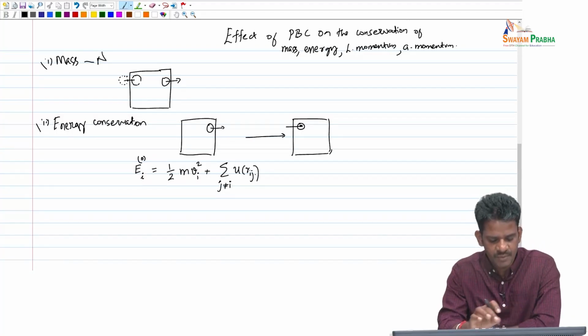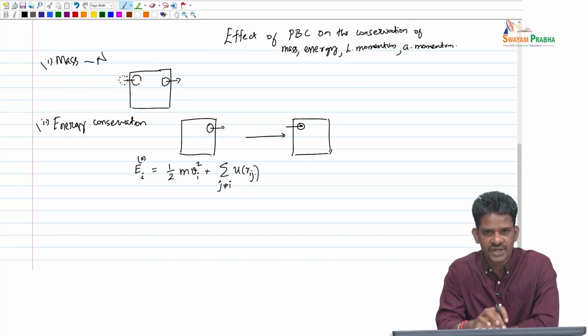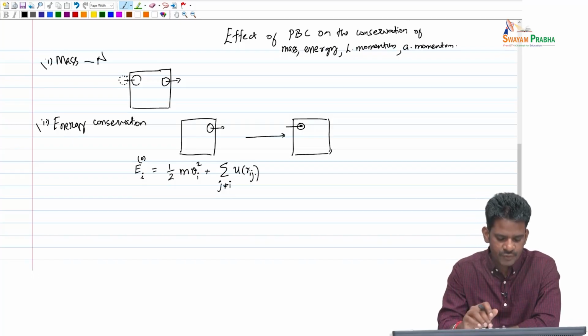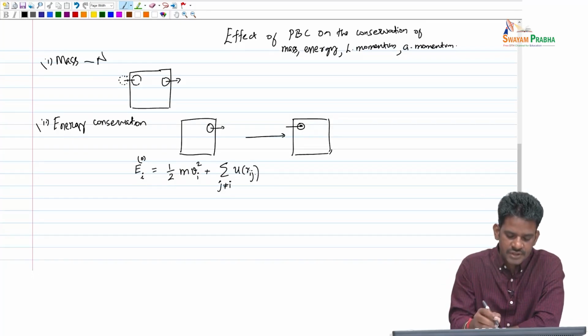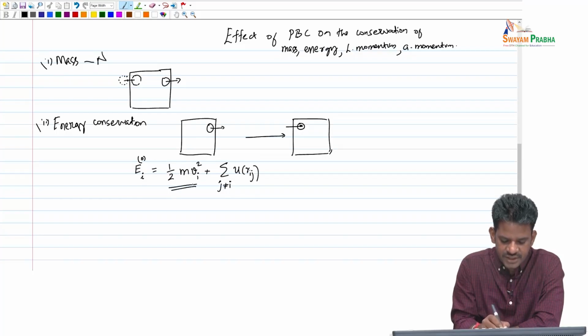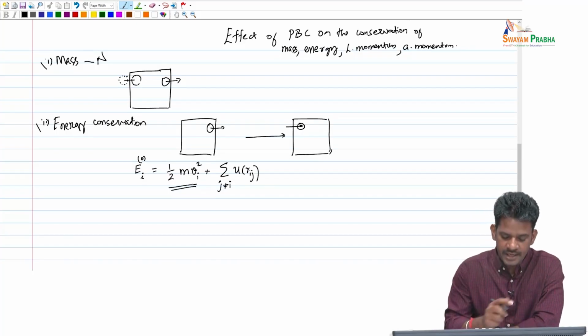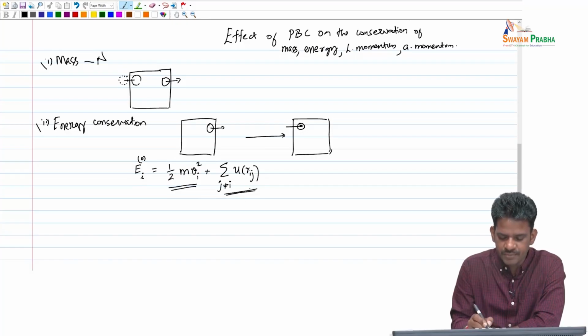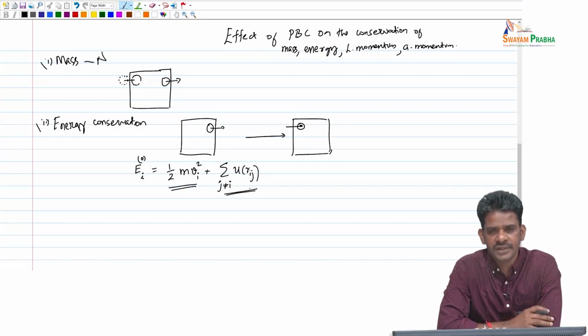Now, we have to worry about only the energy of this particle, because that is what is going to change at this particular time point. So, we do not have to worry about all the other particles. This particular particle has a kinetic energy given by half m v squared, and it also has a potential energy with all the neighbors within the nearest image particles.